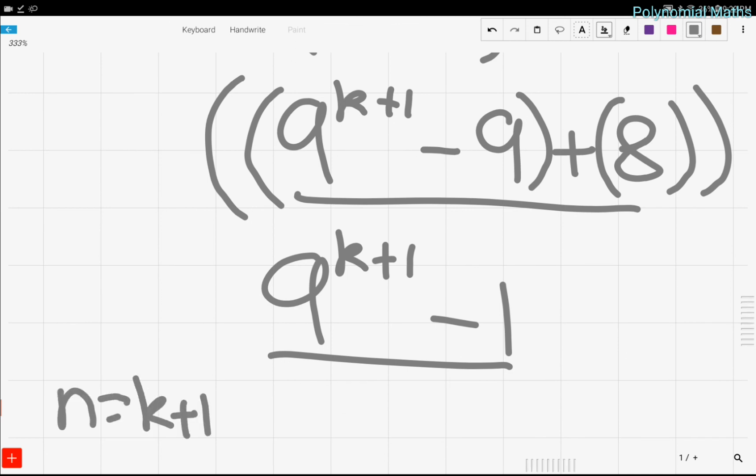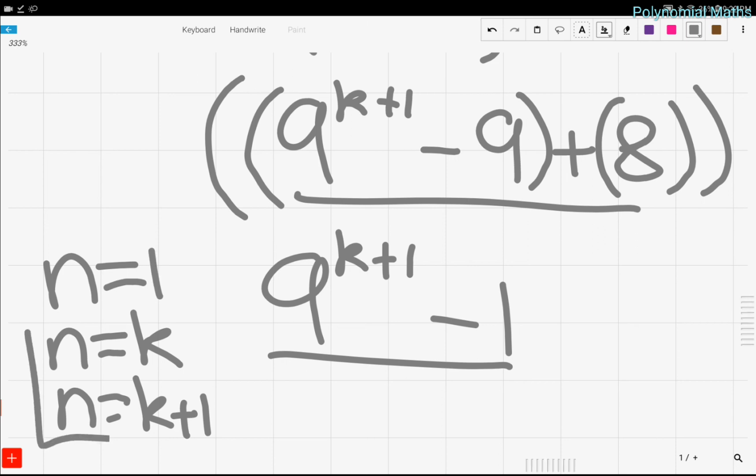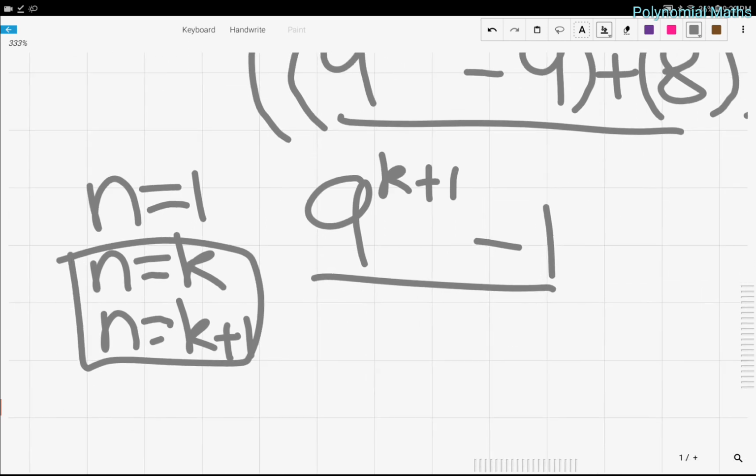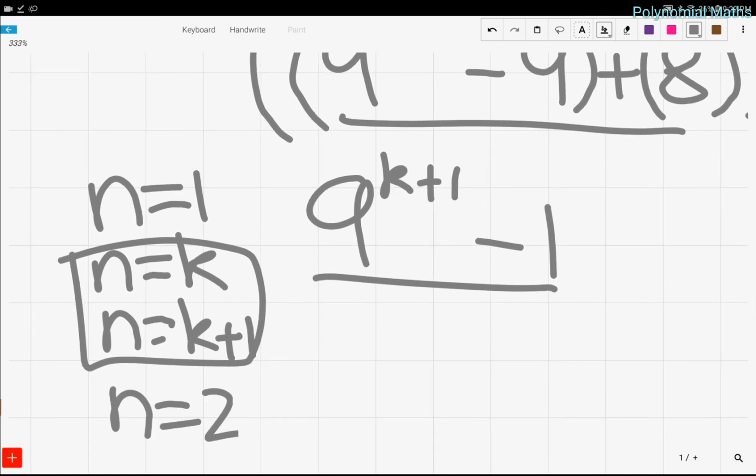So therefore, if we assume that the n = k case works, then the n = k + 1 case must work. And since we know that n = 1 works for sure, then by induction, since n = k works, therefore n = 2 must also work.